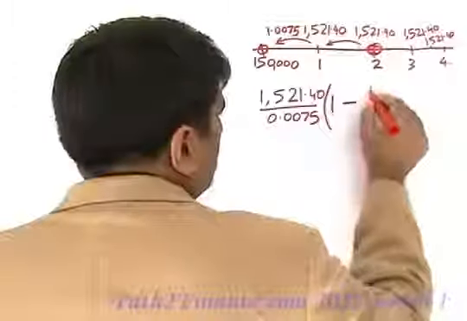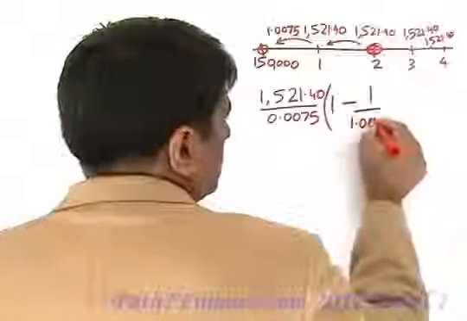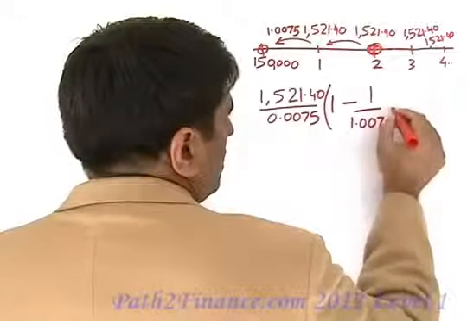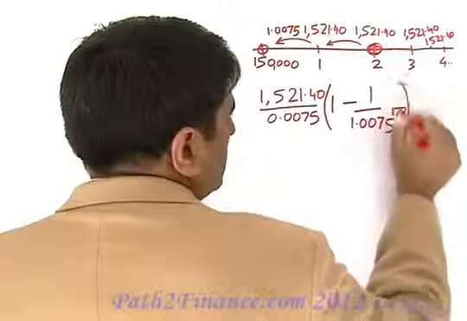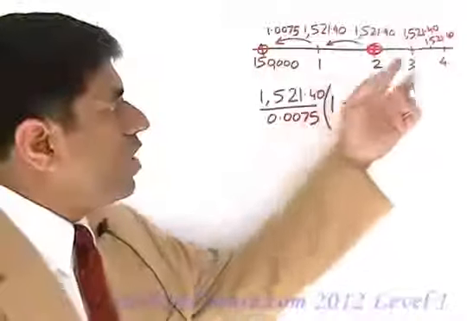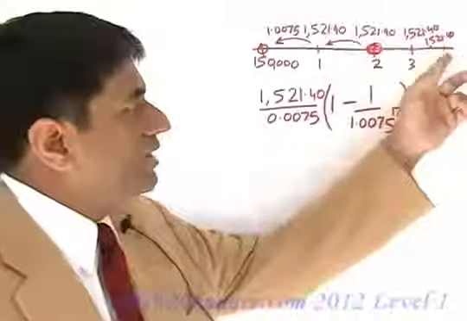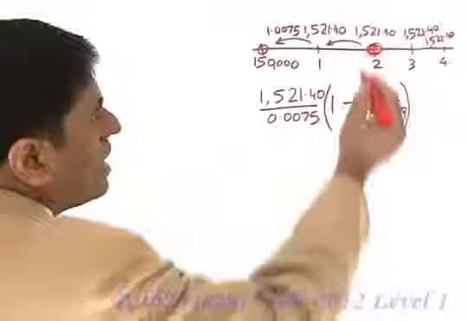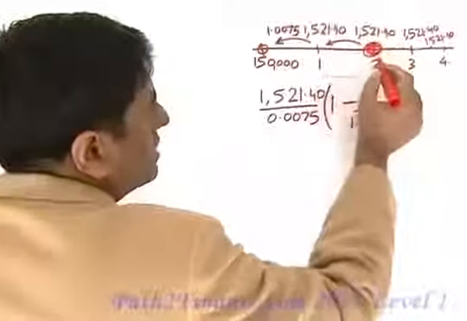So it will be 1 minus 1.0075 to the power 178. So this is the value of the remaining 178 payments at this point in time.